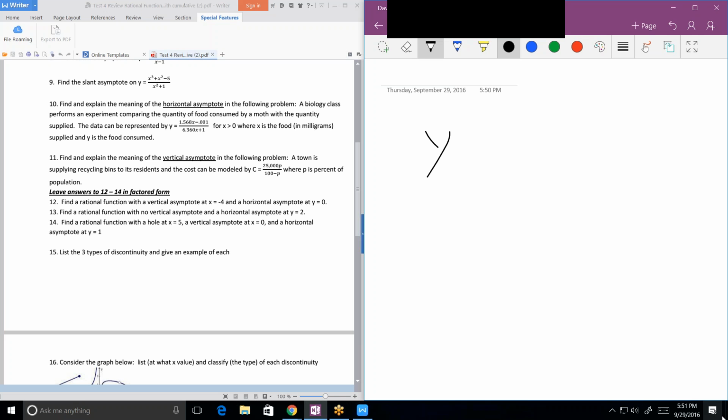It would be y equals the ratio of the coefficients. Because the maximum power in the numerator is x to the 1, and in the denominator is x to the 1, this ratio is your horizontal asymptote.